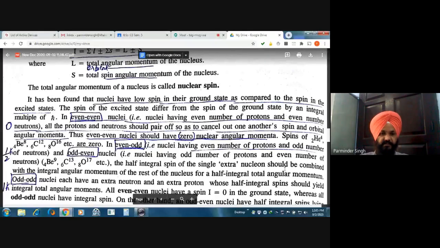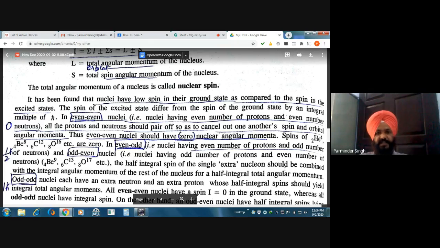So we can conclude that one particle, the proton, is even and the other, the neutron, is odd, or in the other case, the neutron is even and the proton is odd.